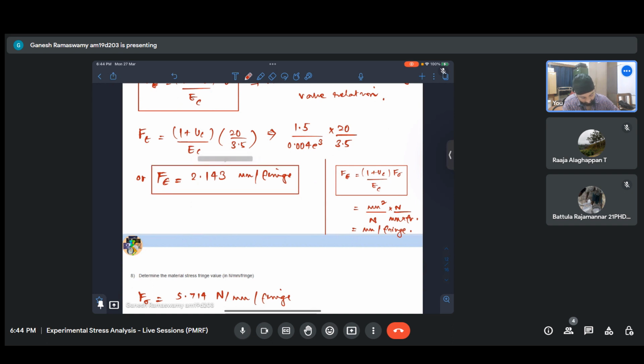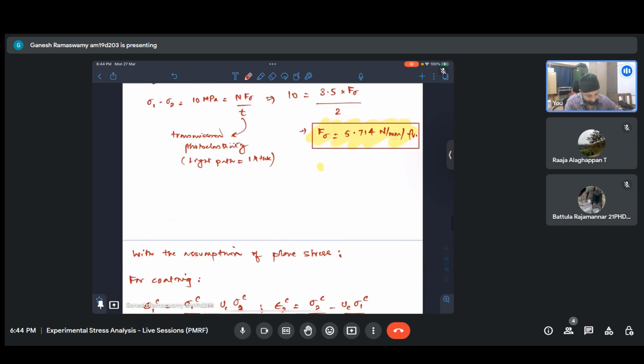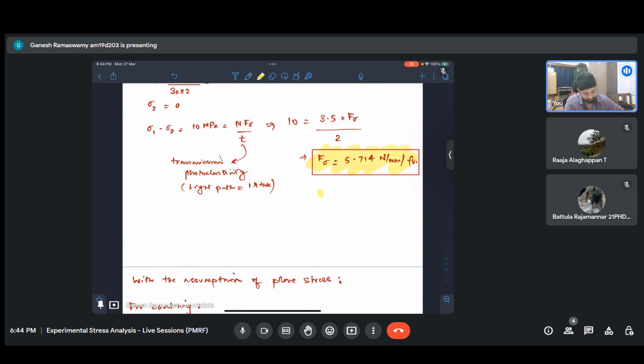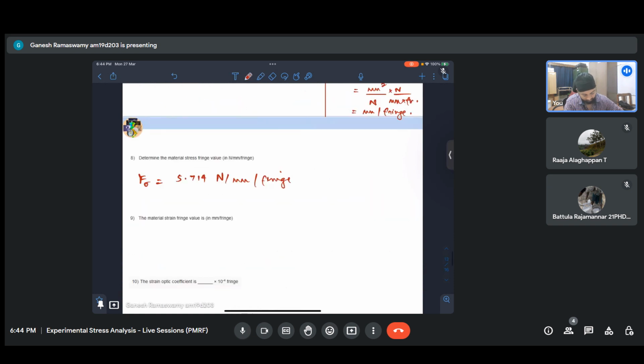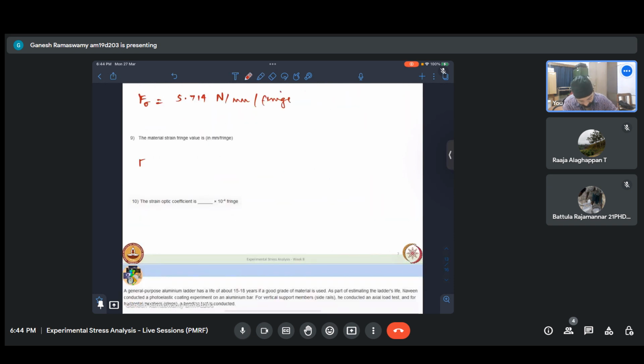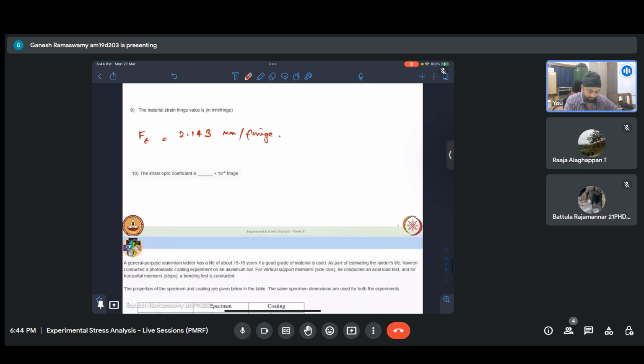So we have calculated F sigma, we have calculated F epsilon here, 2.143. Now we have been asked the strain optic coefficient is dash into 10 power minus 4 fringe.